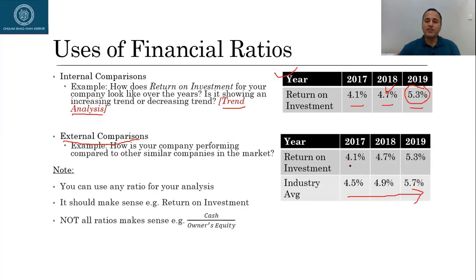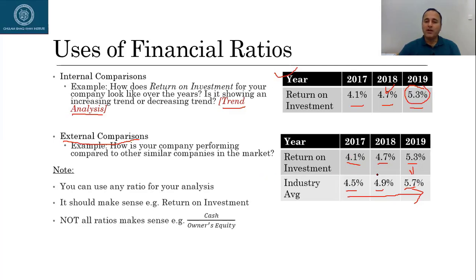For example, in 2017, the return on investment in your company was 4.1%, but the industry was 4.5%. In 2018, your company made 4.7% return on investment, and the industry, it was 4.9%. And for 2019, 5.3 versus 5.7. So if you see here, there is a 0.4 percentage point difference between the industry and your own company.